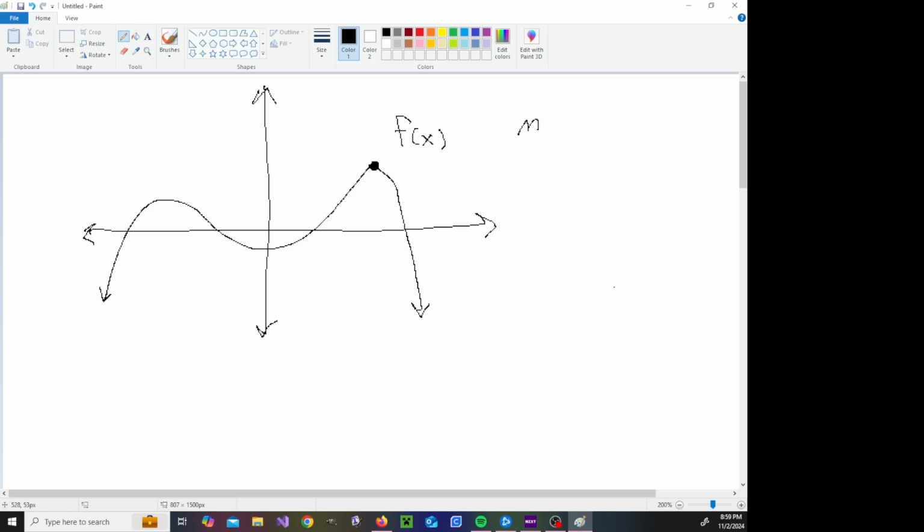Sometimes we have maximums, sometimes we have minimums, but either way, these are extreme values. If I want to refer to something that might be a maximum or a minimum, I'll refer to these as extrema or extreme values.